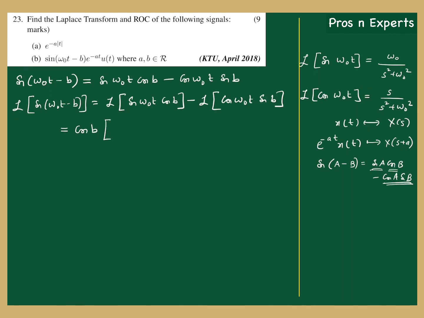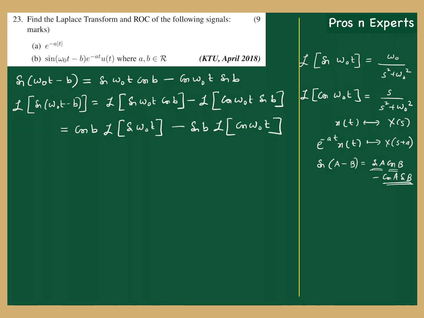Then what is the Laplace transform of sin omega 0 t? Or I can write one more step, no problem. Sin omega 0 t, minus, in the second term, what is the constant? Sin b is the constant. So you take sin b outside, sin b into Laplace transform of cos omega 0 t.